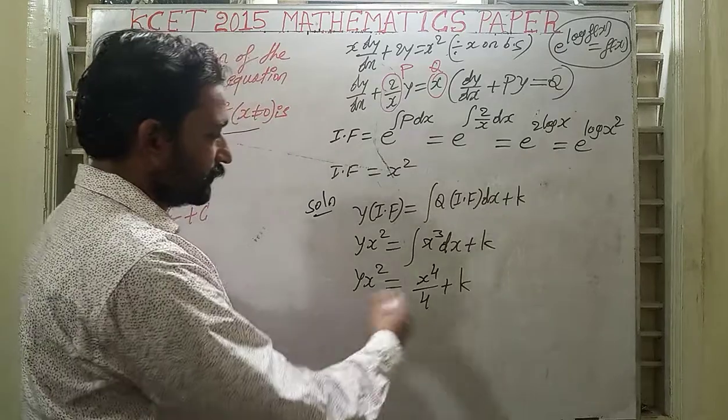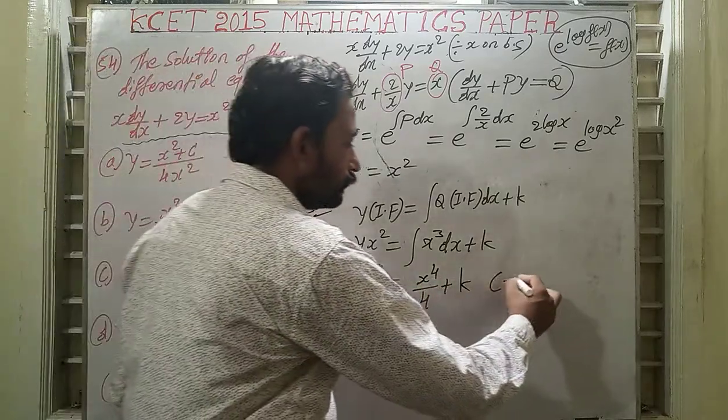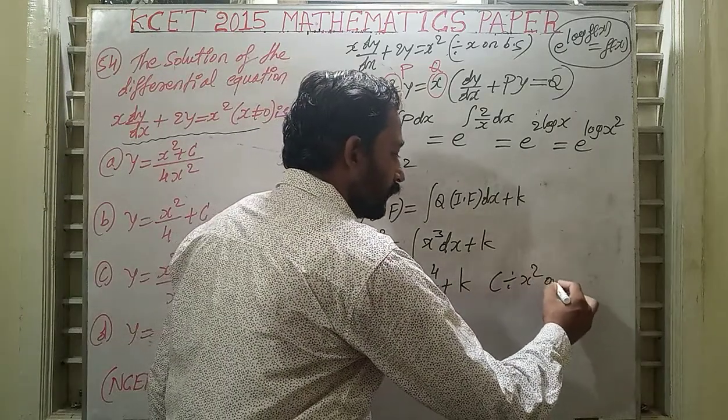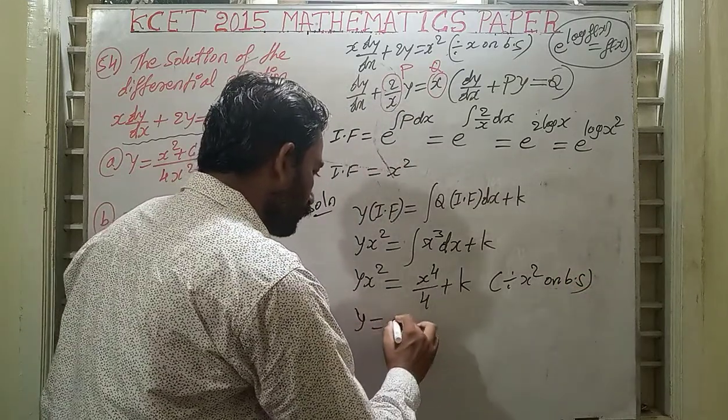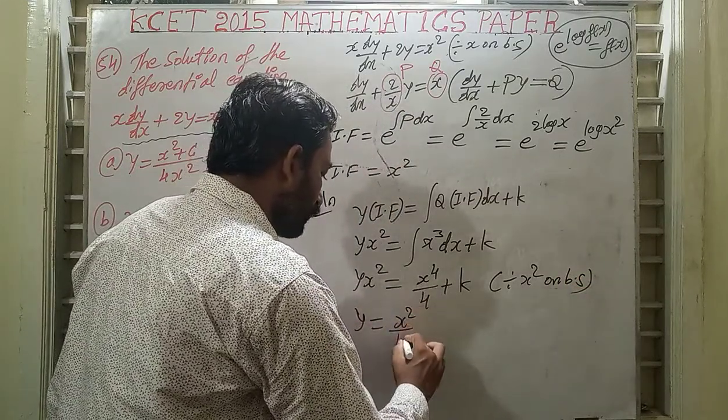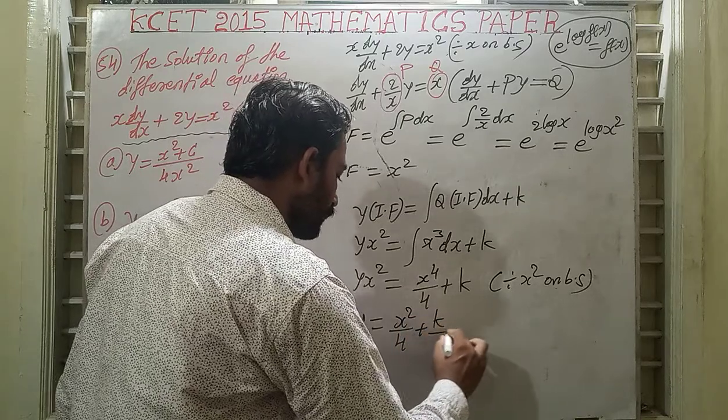So now divide by x square on both sides. It becomes y is equal to x square divided by 4 plus k divided by x square.